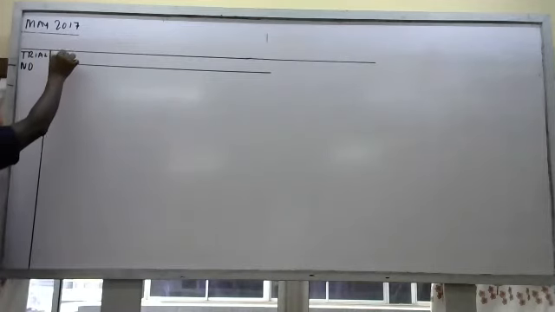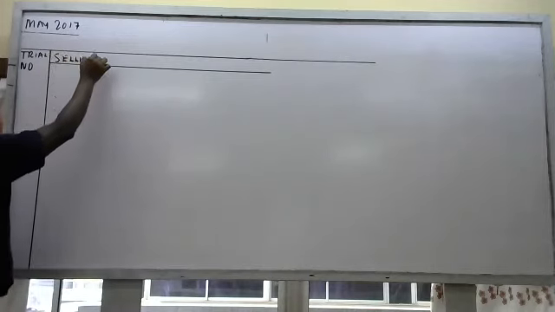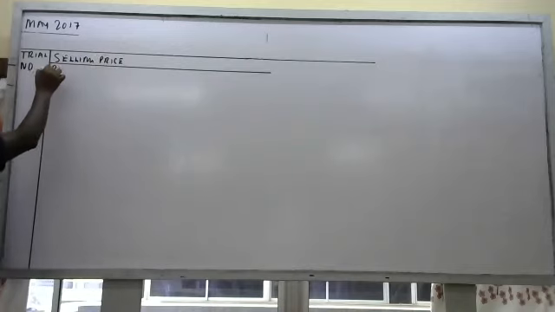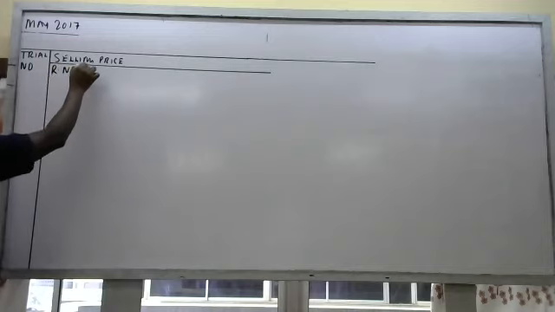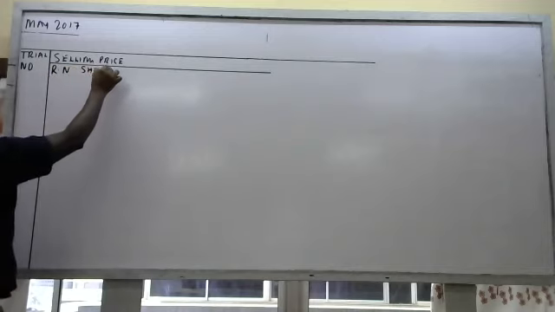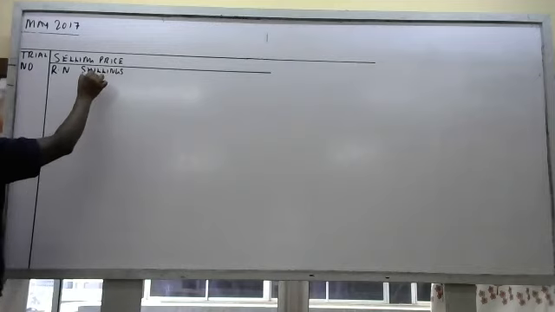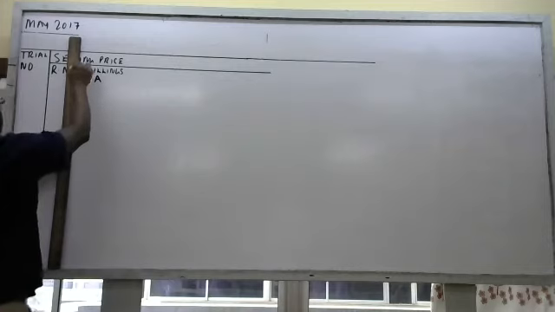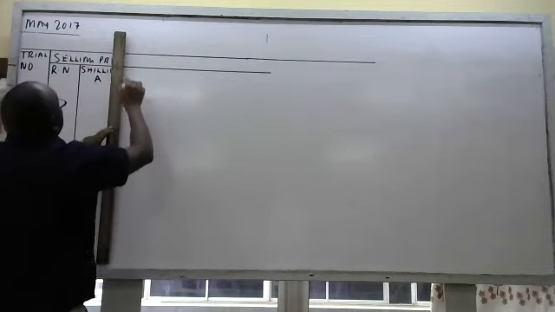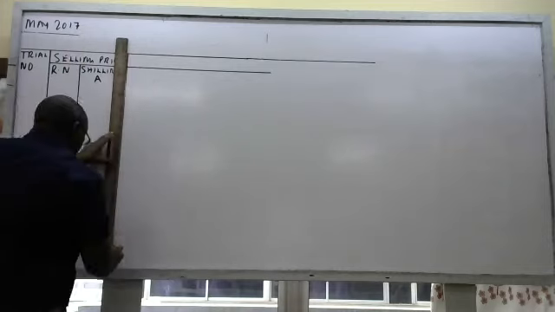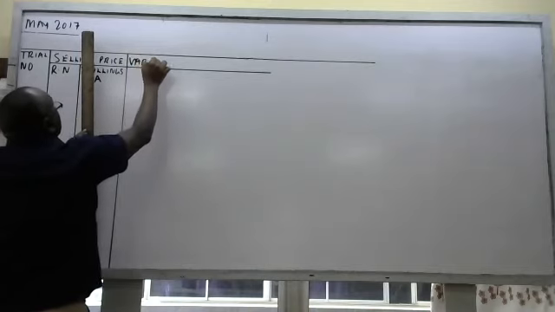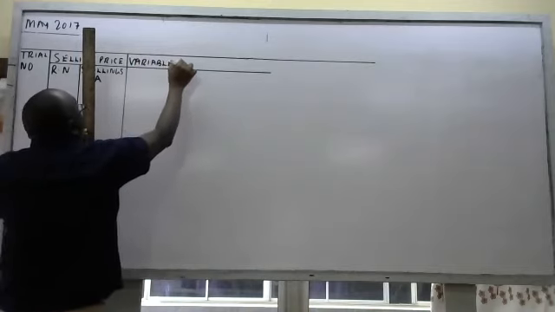So the first item is selling price. We have random number, and then we have shillings. I want us to call it A. Then unit variable costs, just variable costs.